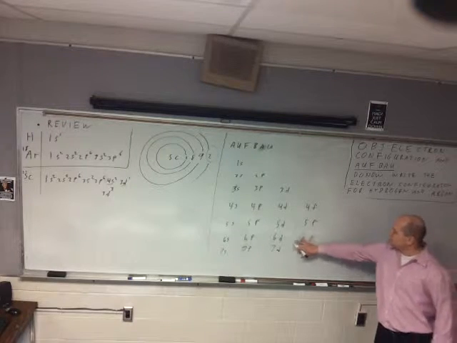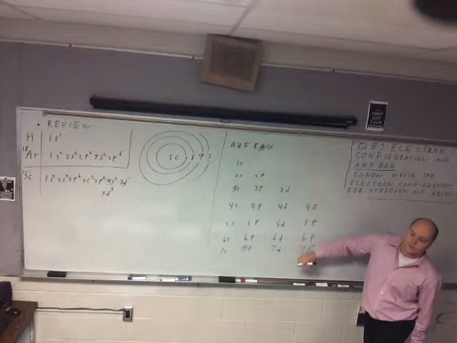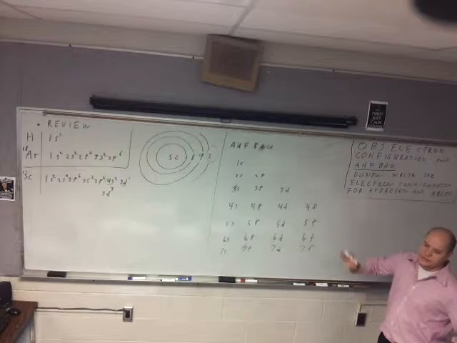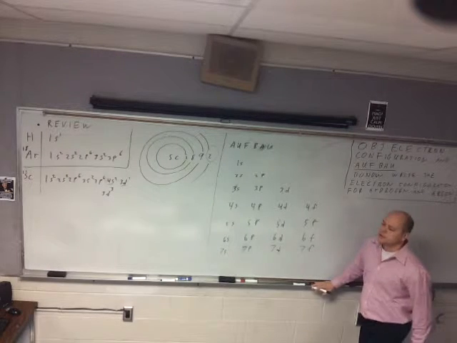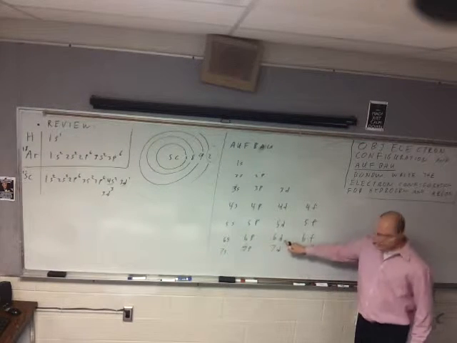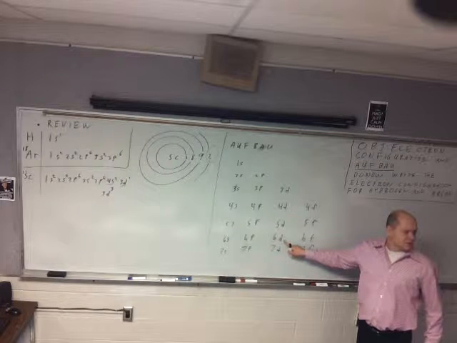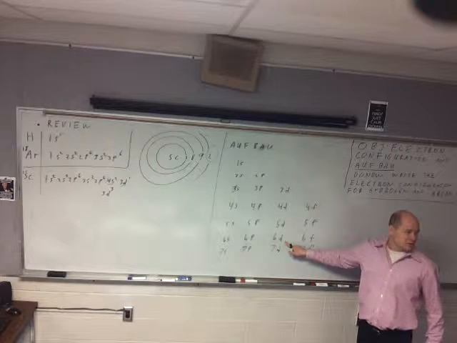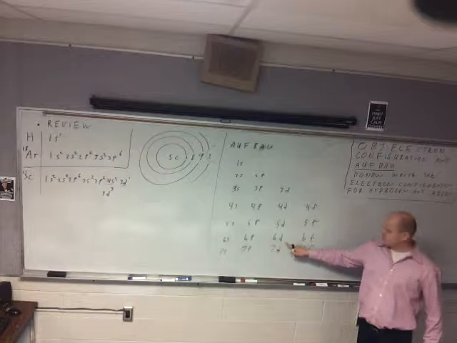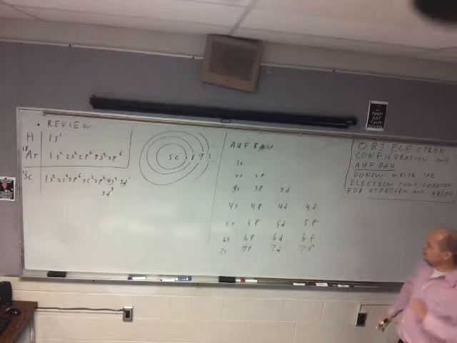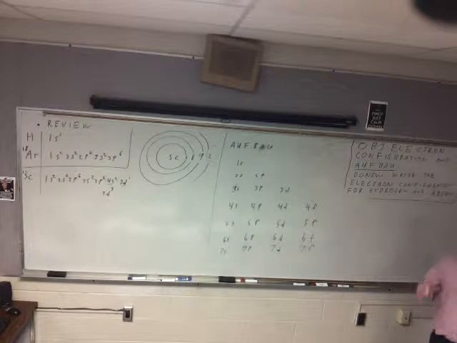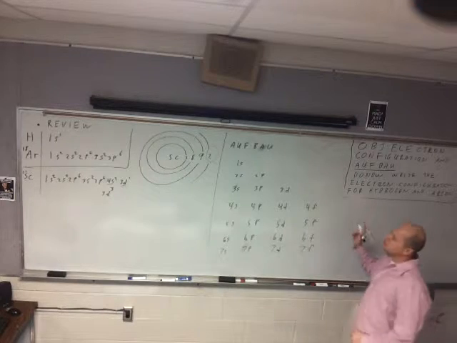And I put in the rest of these just so it's easy to remember, trying to be consistent. Truth is 6f, 7f will never fill. There's no atoms big enough for that. Even 6d won't fill either, right? 3d, 4d, 5d, 6d will, but 7d won't. Anyway, this is going to tell us what order these things fill in.